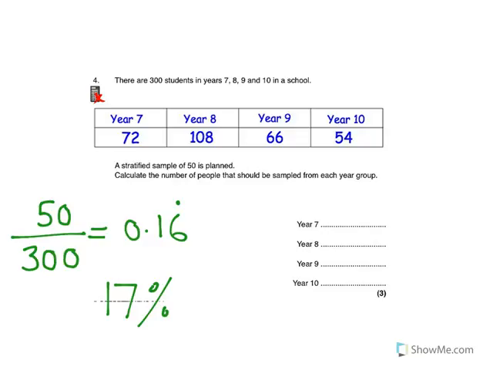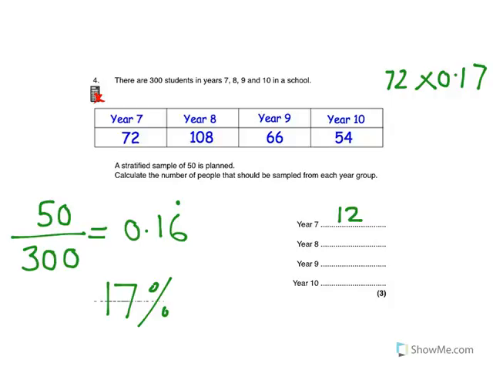The quickest way to find 17% is to times 72 by 17% as a decimal, so that's times by 0.17. So when I type that into the calculator, 72 times 0.17, that comes out at 12.24, and remember we're talking about people here, so we're going to say that's 12 people from year 7.